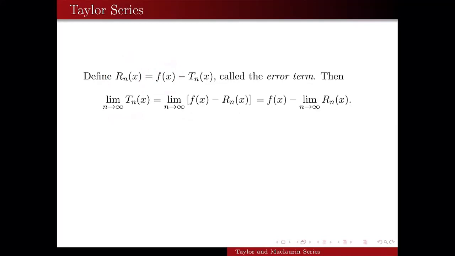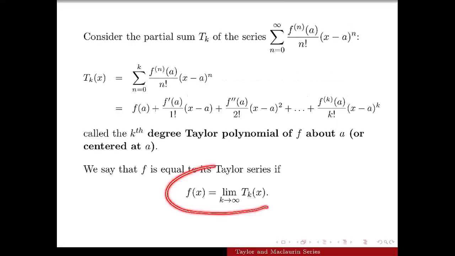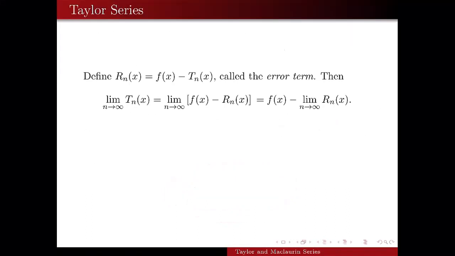We calculate it, we have f of x minus the limit of R sub n as n approaches infinity. And from here, the equality will hold if this is going to 0.